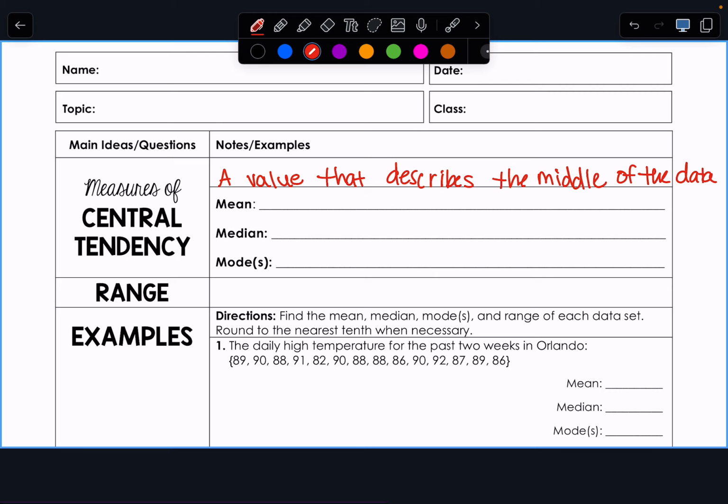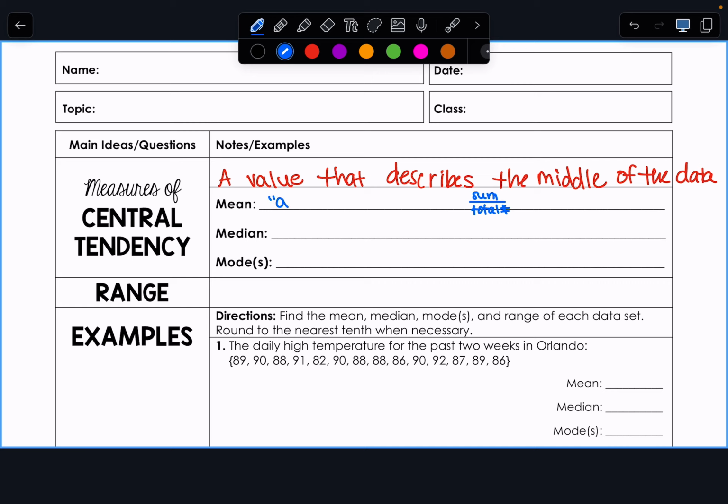Is range one? Range is not a measure of center, but it is a value that we're going to talk about. Okay. So mean. What is the mean? Add all the numbers and divide by the total amount, like how many numbers there are.